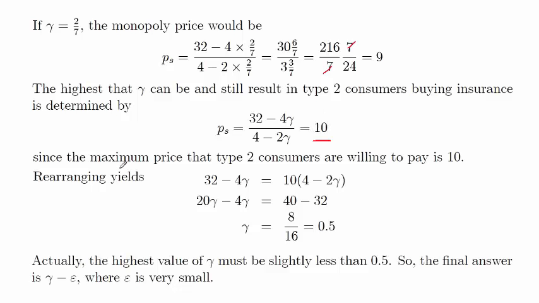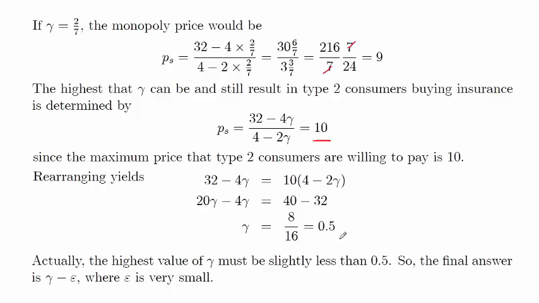Now if we rearrange this equation, because we're looking for gamma, we multiply both the left hand side and the right hand side by 4 minus 2 gamma, and we get this equation. After some rearrangements, we get gamma equal to 8 over 16, or 0.5. So gamma equal to 0.5 is going to be the highest value that will still result in type 2 consumers buying insurance.